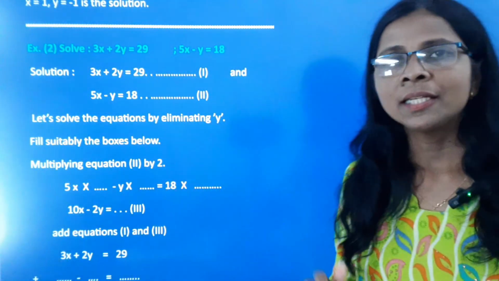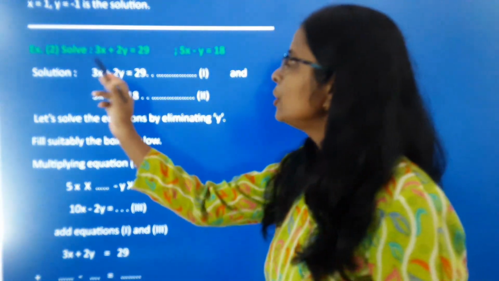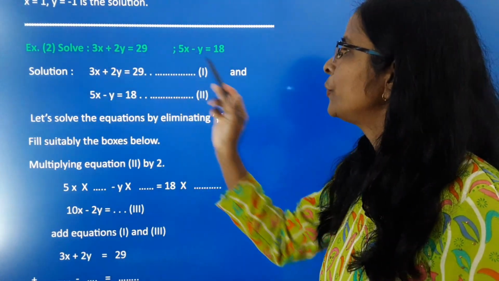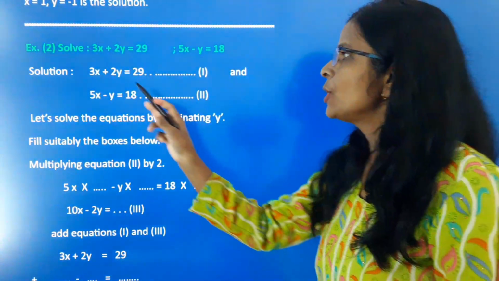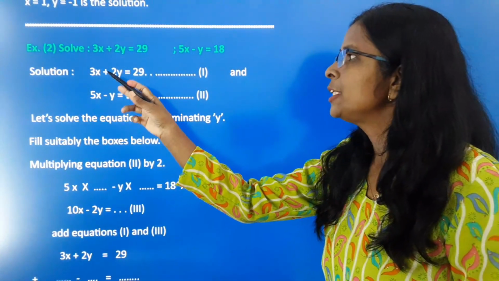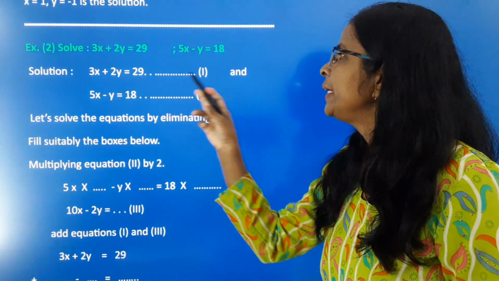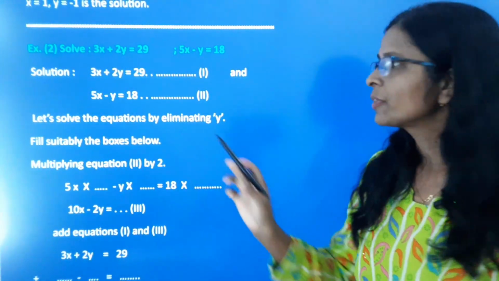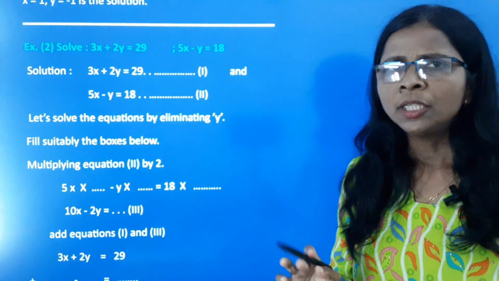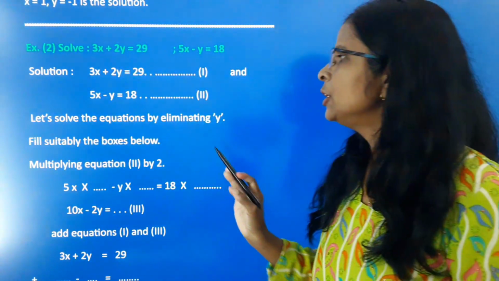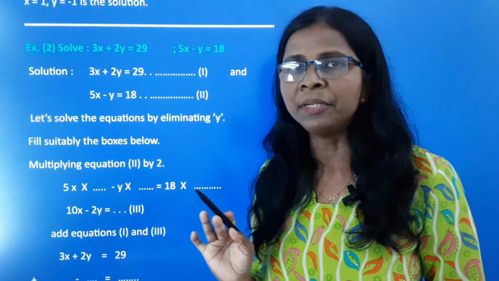Students, see the next example. Solve 3x plus 2y is equal to 29 and 5x minus y is equal to 18. So here, call 3x plus 2y is equal to 29 the first equation, and 5x minus y is equal to 18 the second equation. Now here we will solve this by the elimination method.